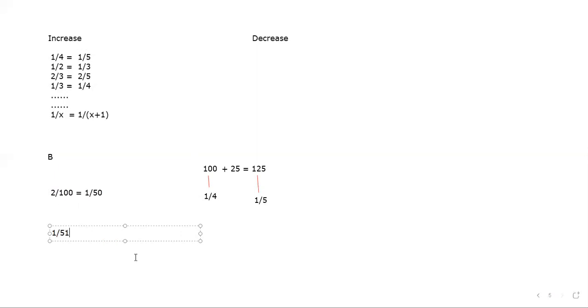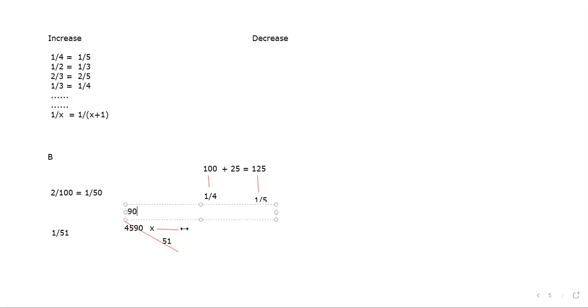So now what is there? 4590. 1/51 of 4590, of the inflated bill, is the tax. So 51 and 4590 can be further reduced, and this will become 90.